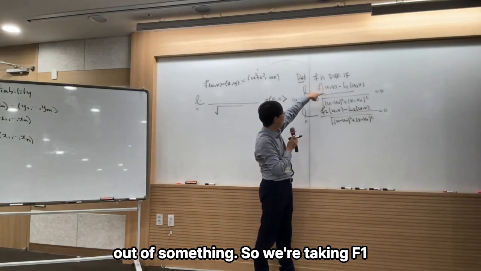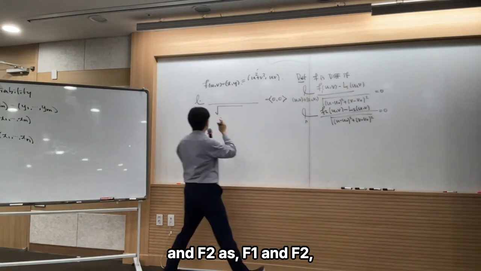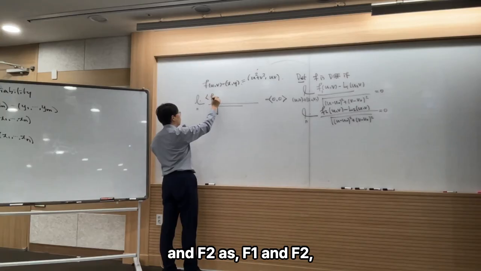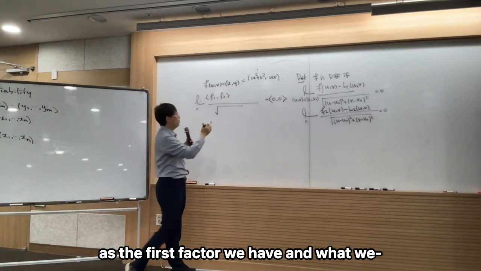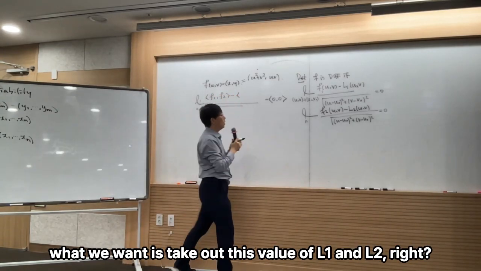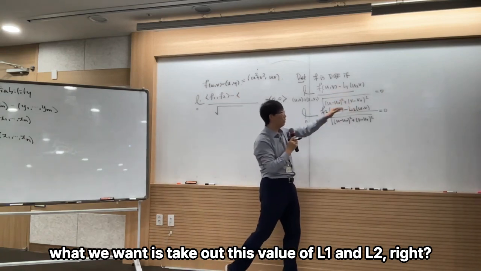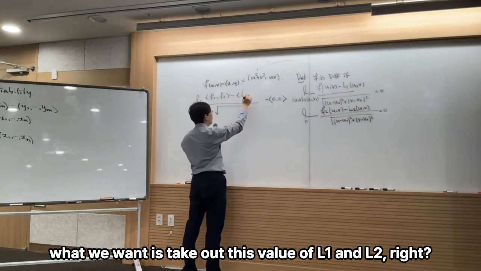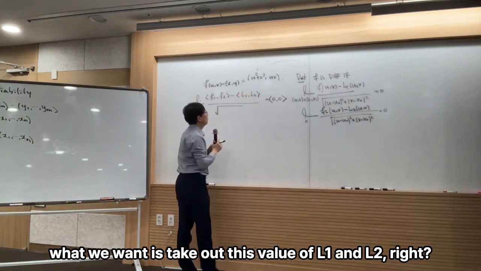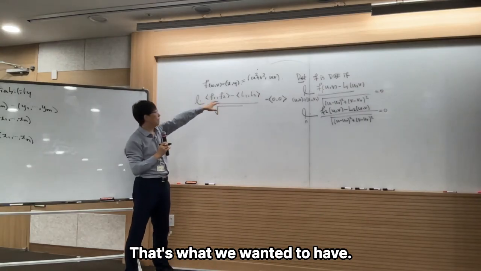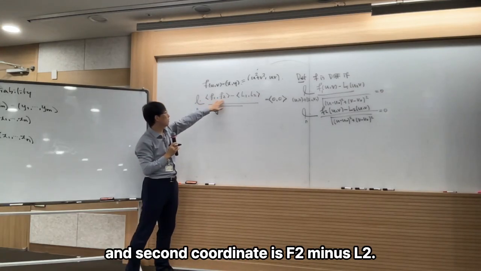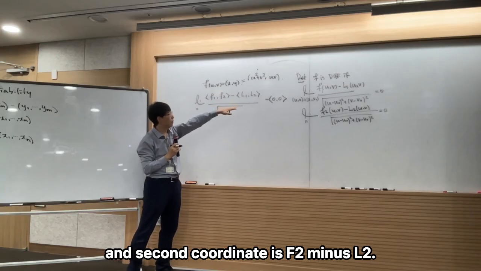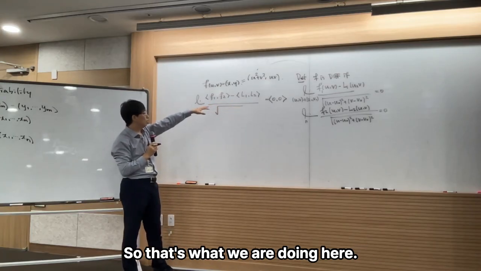We're taking F1 and F2 as the first factor, and what we want is to take out the values L1 and L2. The first coordinate is F1 minus L1, and the second coordinate is F2 minus L2. So that's what we are doing here.